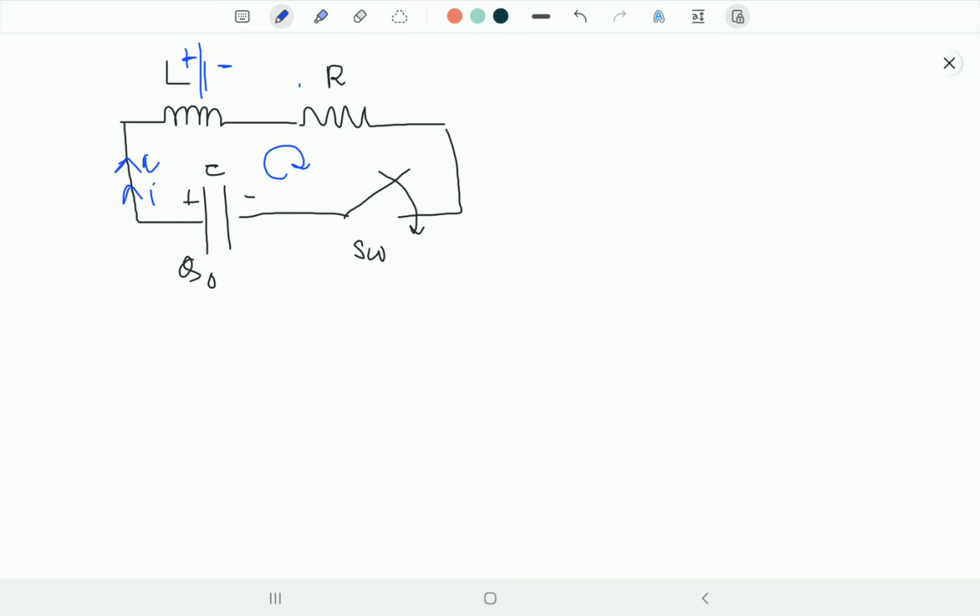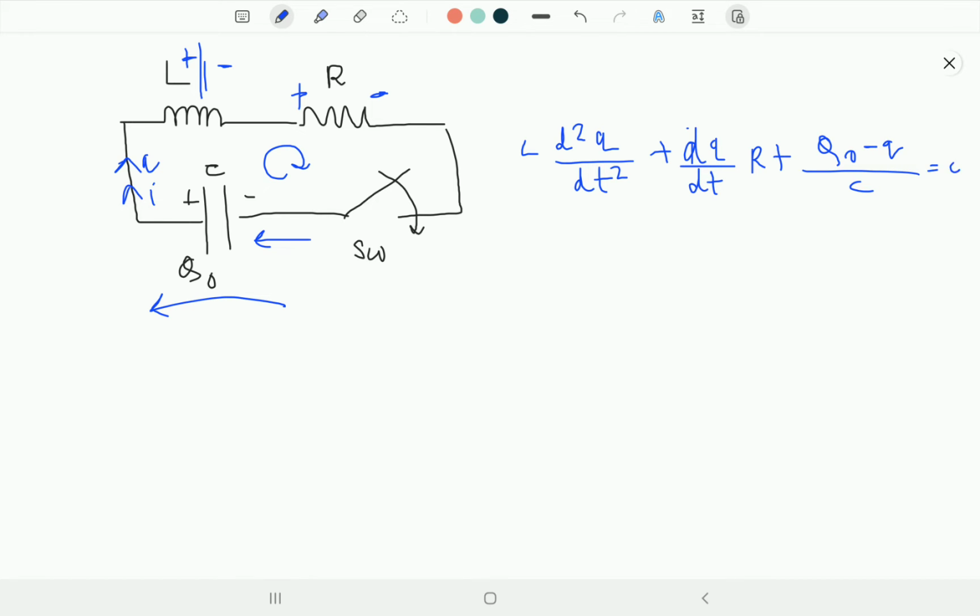Here I will be writing L d2q by dt square, which is di by dt, plus I, which is dq by dt, times R, plus, once I close this loop, traversing from this direction to this direction, Q naught minus q by C is equal to 0. This kind of equation is forming, and it is similar to the above kind of equation.